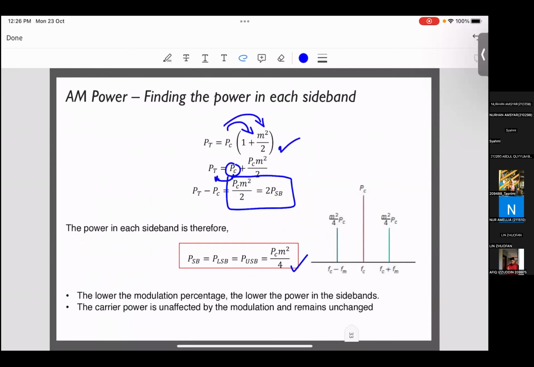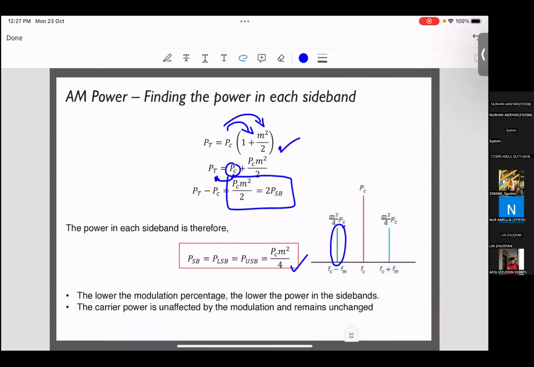So when we are talking about the power in each sideband, we are going back to the slide we discussed just now. So the carrier power is basically just PC. It's not going to be changed at all. But the sideband produced by the carrier with the modulating frequency is going to be m squared over 4 times PC.